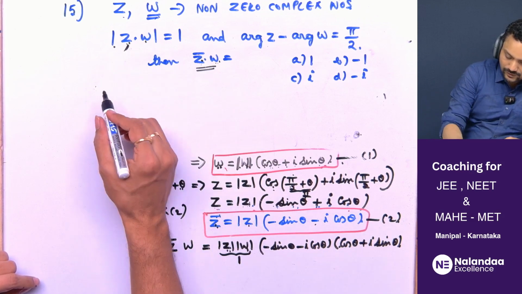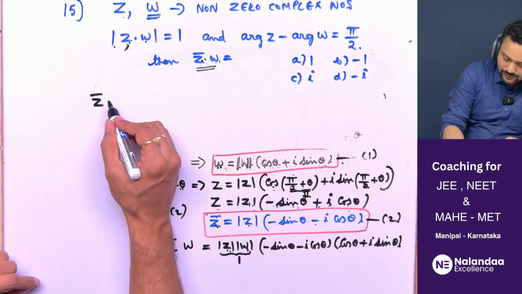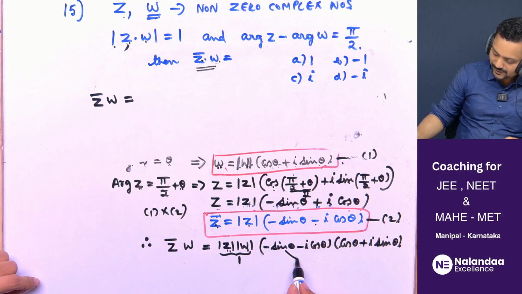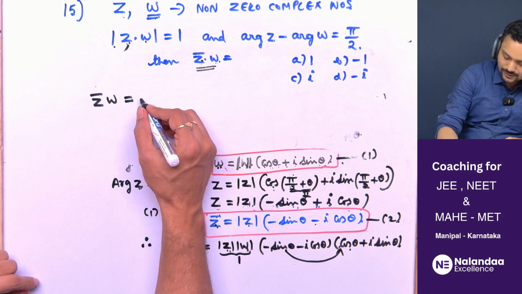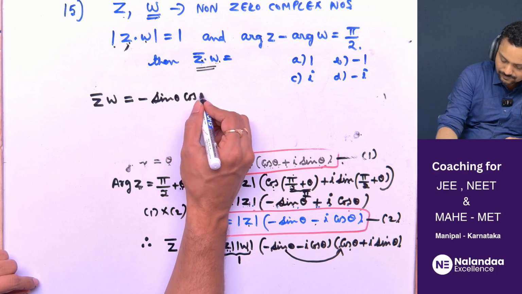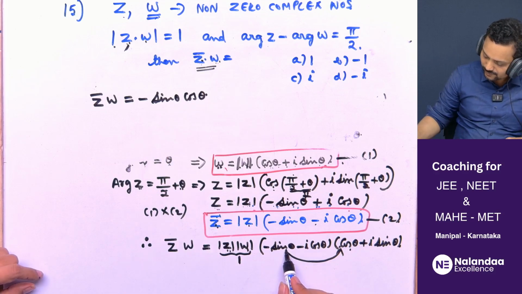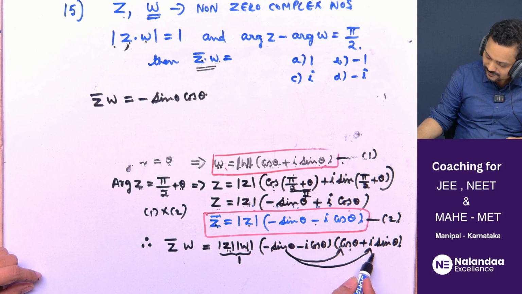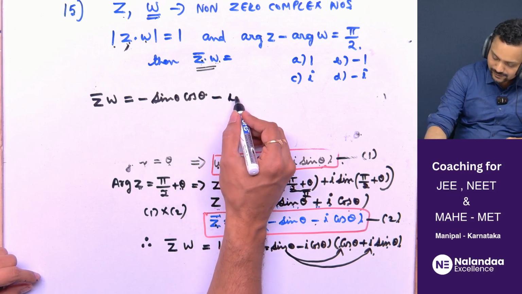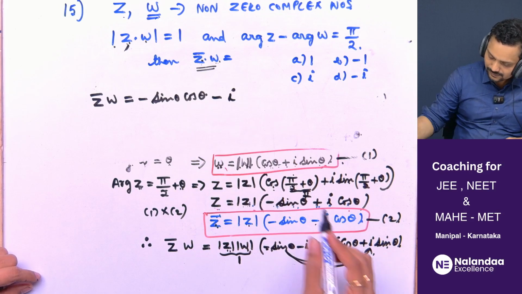So therefore we will get z bar into omega equal to, now if you multiply this term by term, this is minus sin theta into cos theta, that is minus sin theta cos theta. Then if you multiply this with this, minus sin theta into i sin theta, it will be minus i sin square theta.